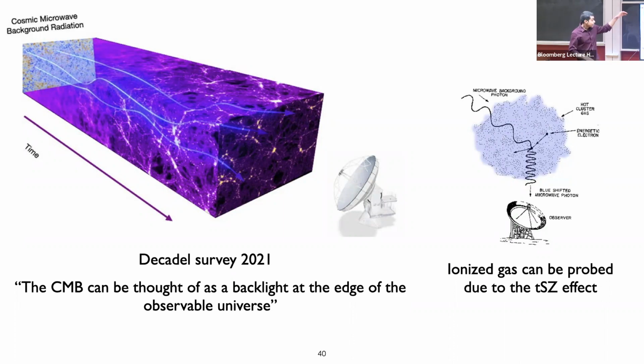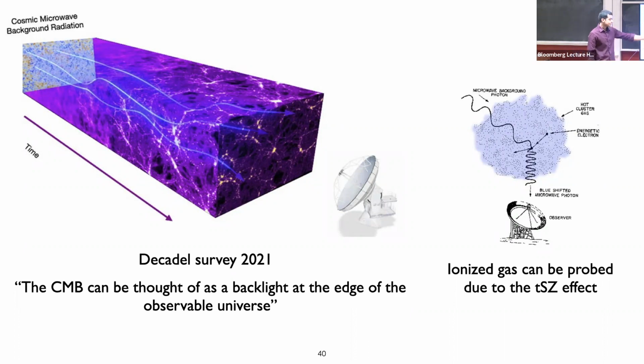But the CMB is also very useful for probing structure in the late universe, because it acts like a backlight for structure in the late universe. I think this point was emphasized in the decadal survey. There are many ways you can probe structure formation. One of them is weak lensing: the structure can bend CMB light.